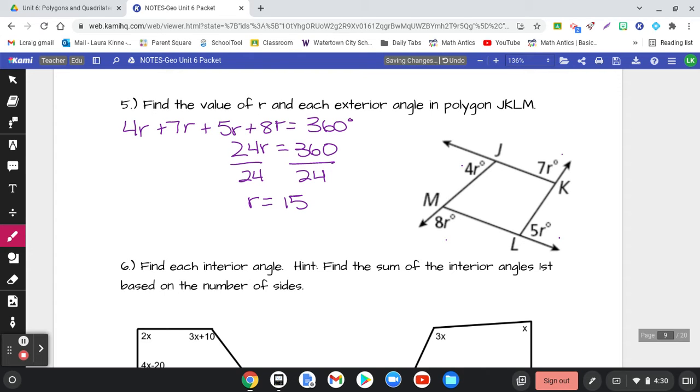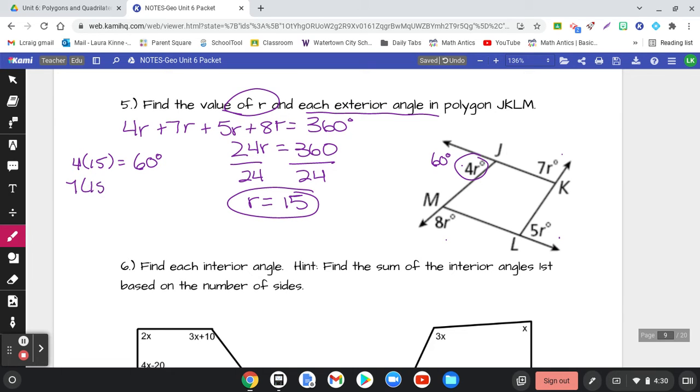All right, so it says find R. We did that, so I'm going to circle it. And then find each exterior angle. Okay, I'm just going to do my work over here. Keep it organized. 4 times 15 for this first angle right here is going to be 60 degrees. You can either write it over here on the side or over here. It doesn't matter. 7 times 15 is going to give us 105 degrees.